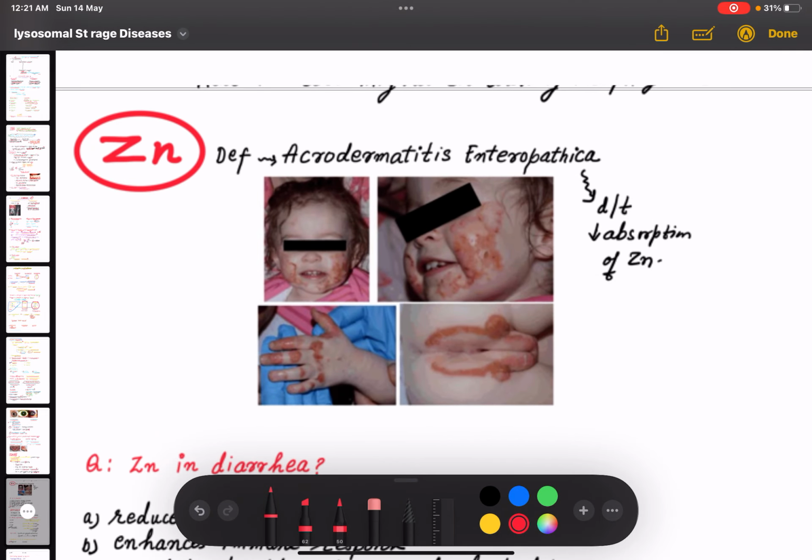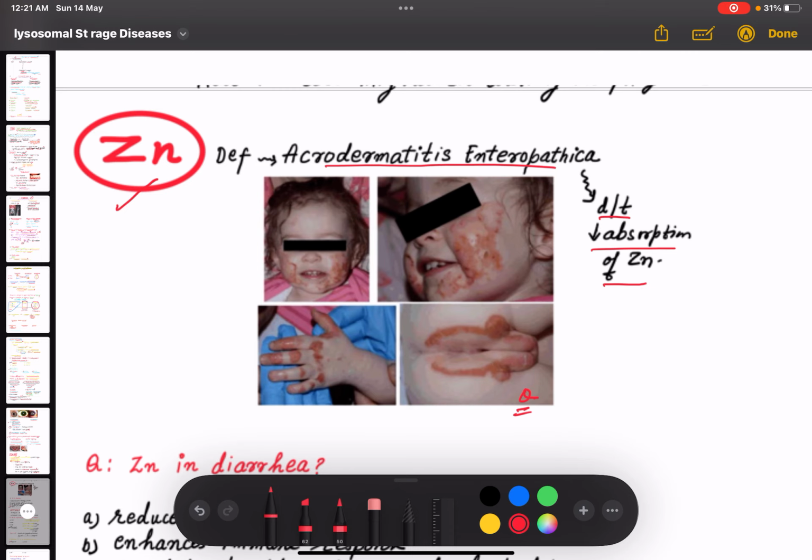Also remember a very high yielding image, that is acrodermatitis enteropathica. It is due to deficiency of zinc. Actually, it's not exactly due to deficiency of zinc. It is actually due to decreased absorption of zinc.